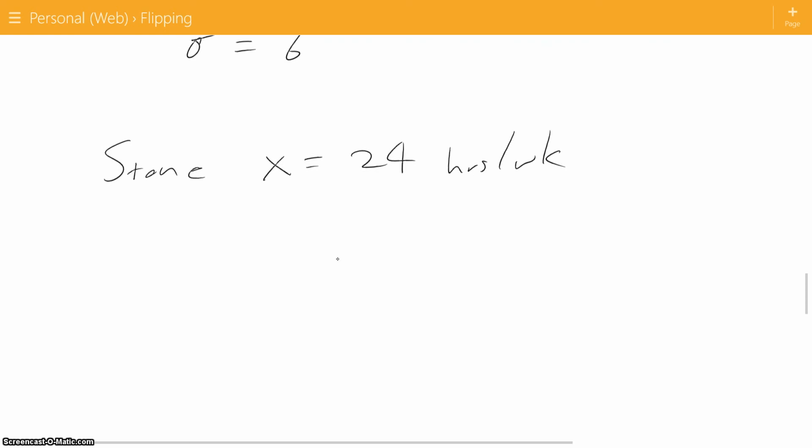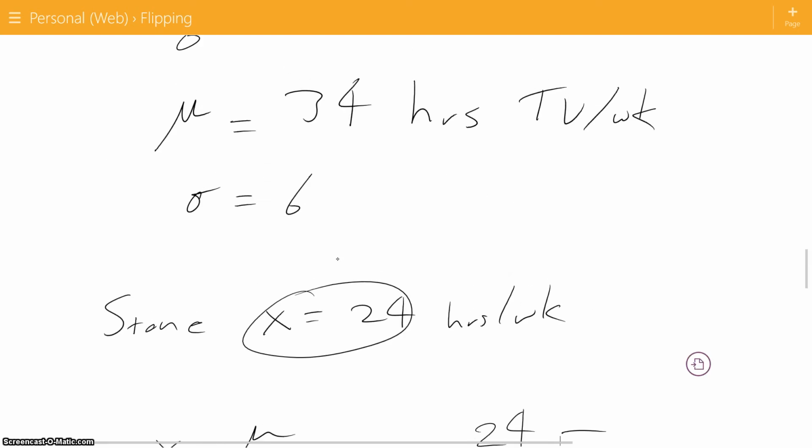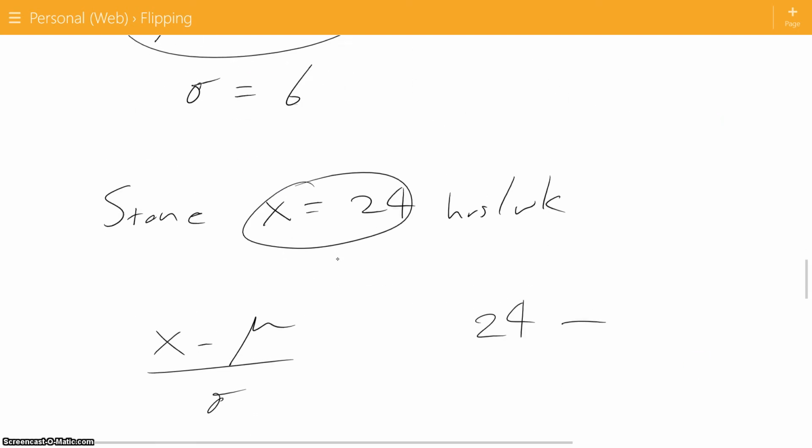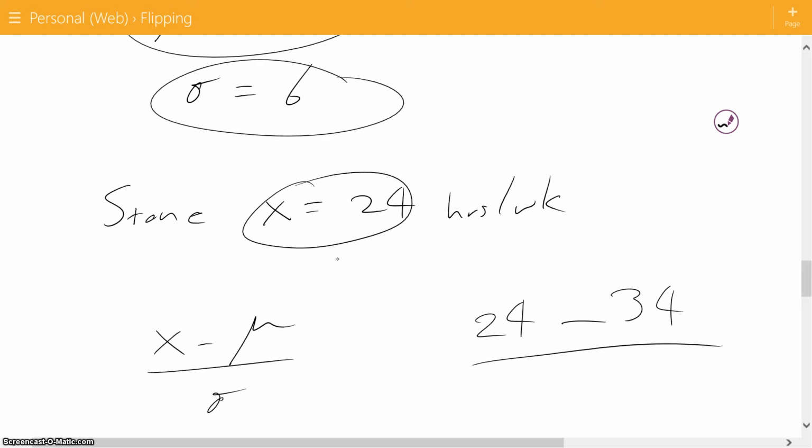So I'm going to go back to my formula, x minus mu over sigma, and start plugging in. I said my x is 24, so 24 minus mu, which we said was 34, divided by sigma, which was 6.